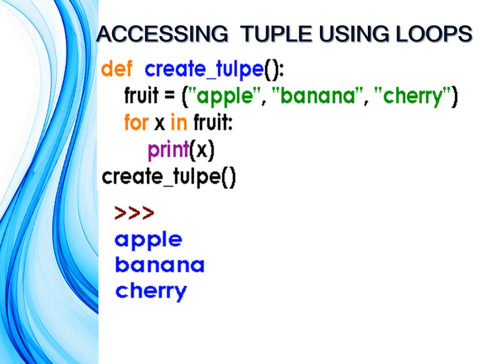And these statements will work only when we call the function, that is create underscore tuple. So the calling of the user defined function is done in the last line, that is create underscore tuple open and close parenthesis. The output is printing all the elements of the tuple. Thus we have the output as apple, banana and cherry.